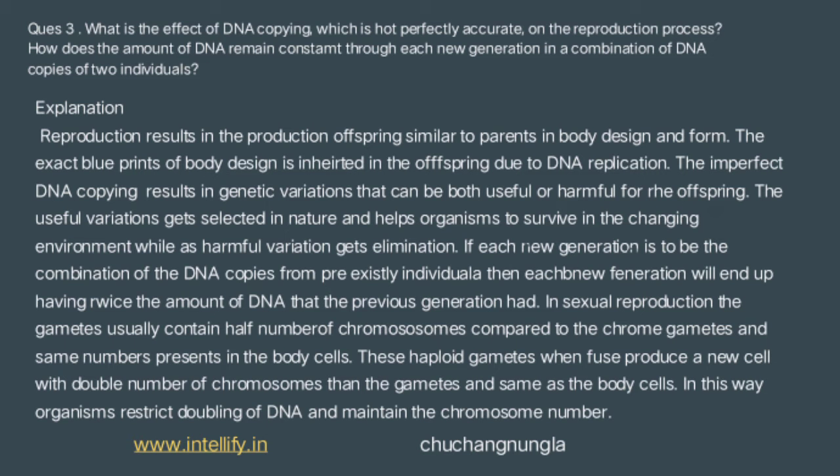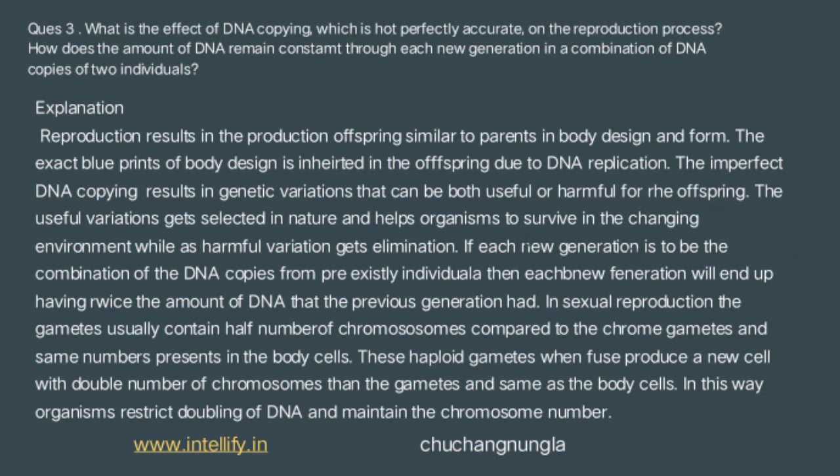Moving to question 13, what is the effect of DNA copying, which is not perfectly accurate, on the reproduction process? How does the amount of DNA remain constant through each new generation in a combination of DNA copies of two individuals? So, reproduction results in the production of offspring similar to parents in body designs and form.